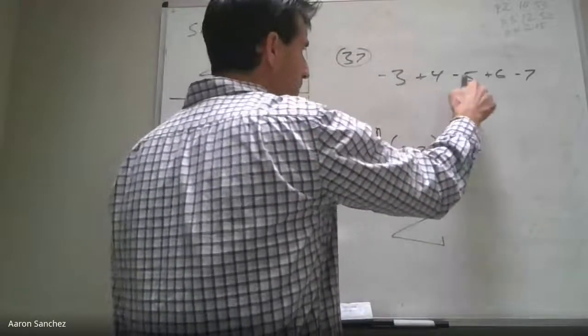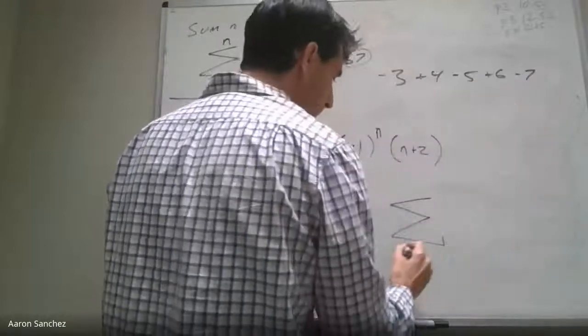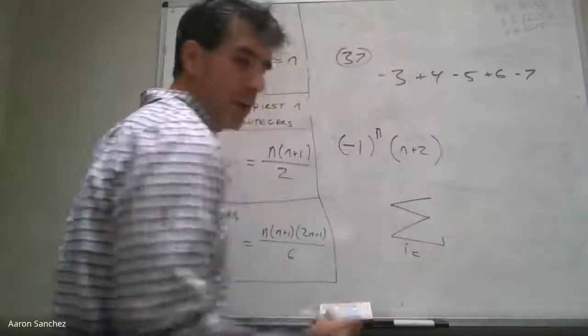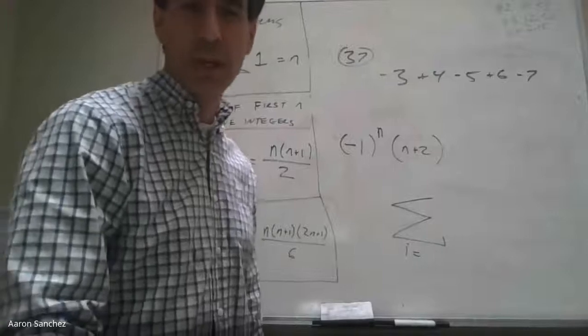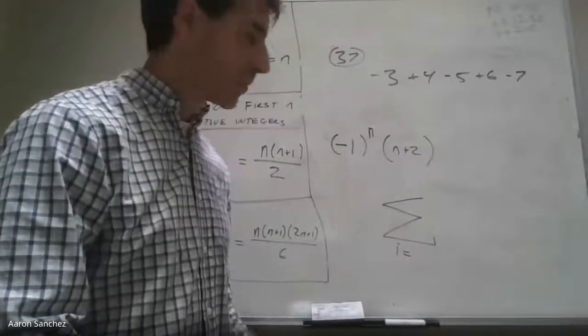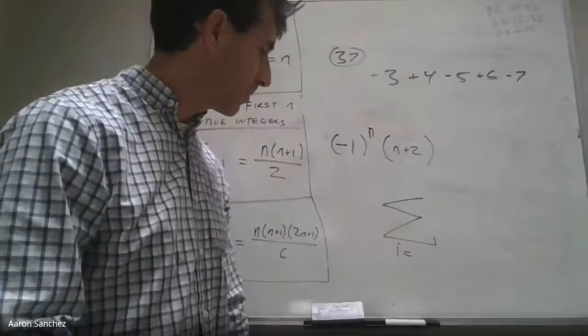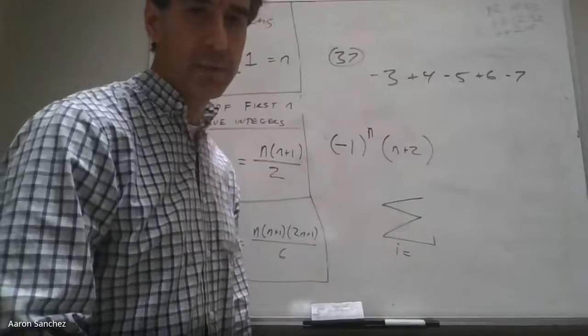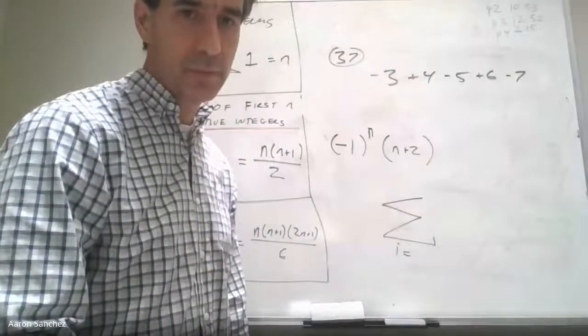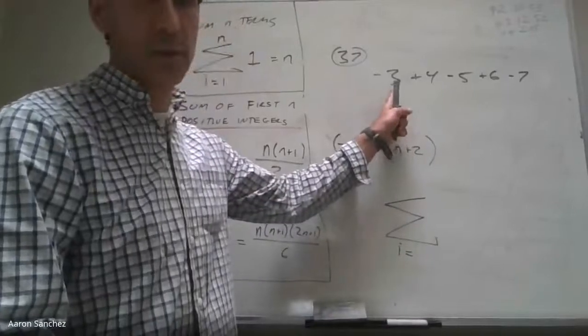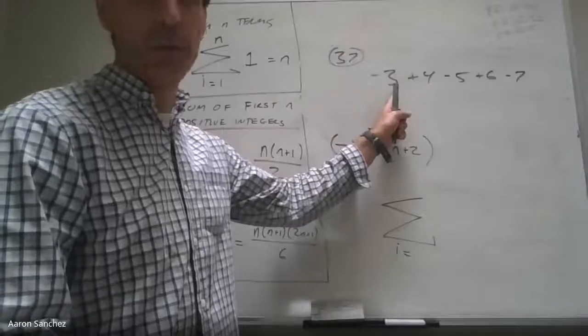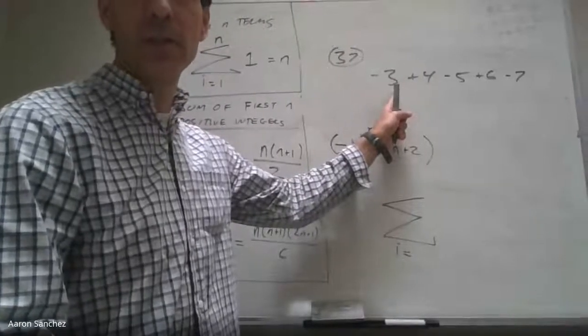First term, second term, third term, fourth term, fifth term. i equals what? What do I put down there? Abraham, what do I put here for i equals what? What term is it? It is -3, but what term is it?